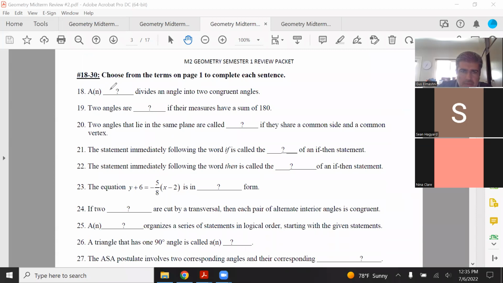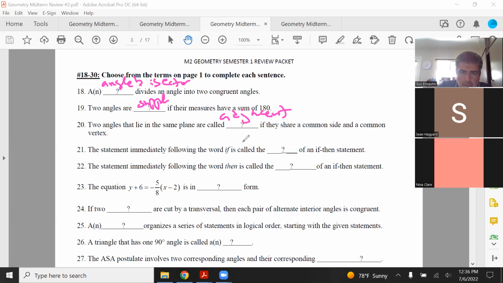An angle bisector divides an angle into 2 congruent angles. 2 angles are supplementary, they have to add to 180. 2 angles lying in the same plane are called coplanar. Angles that share a common side and a common vertex are called adjacent.